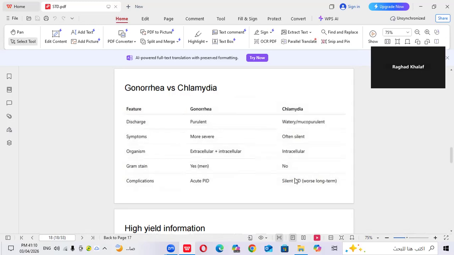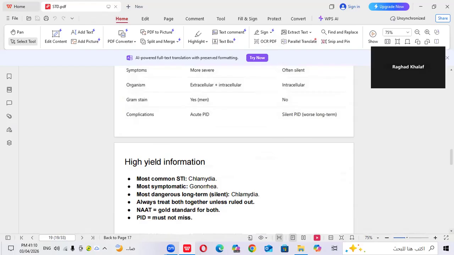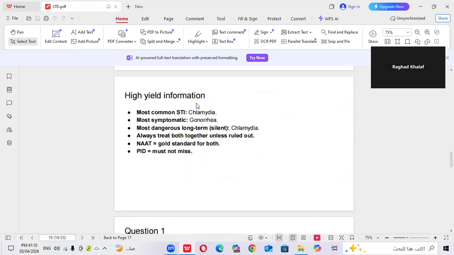Here it's the same complication, pelvic inflammatory disease, but it's silent, which means that in the long term it's going to be worse, because the infection can extend and the patient is not aware that there's an infection extending inside her body. High yield information: the most common STI worldwide is chlamydia. The most symptomatic STI is gonorrhea.